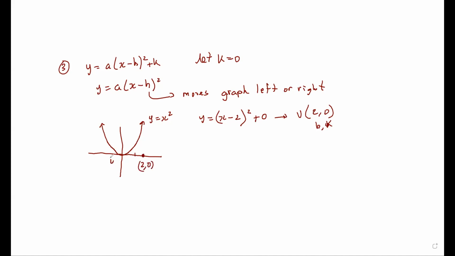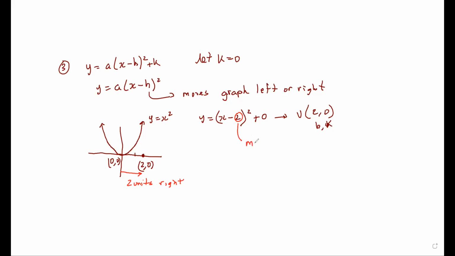So it's gone from (0, 0) to (2, 0). It's shifted this way. So the graph has gone 2 units right.